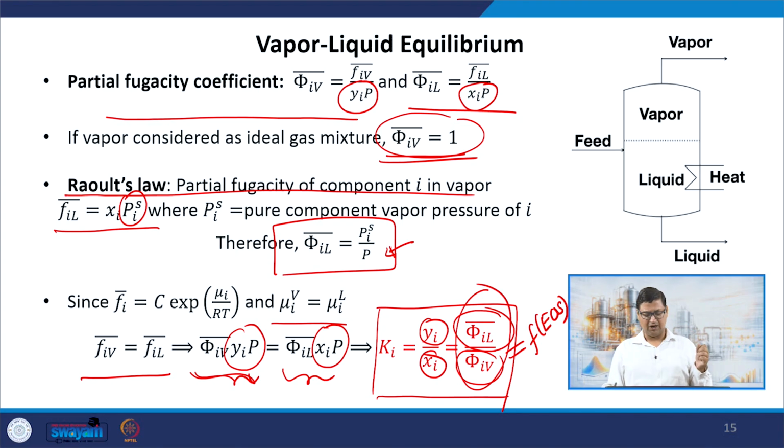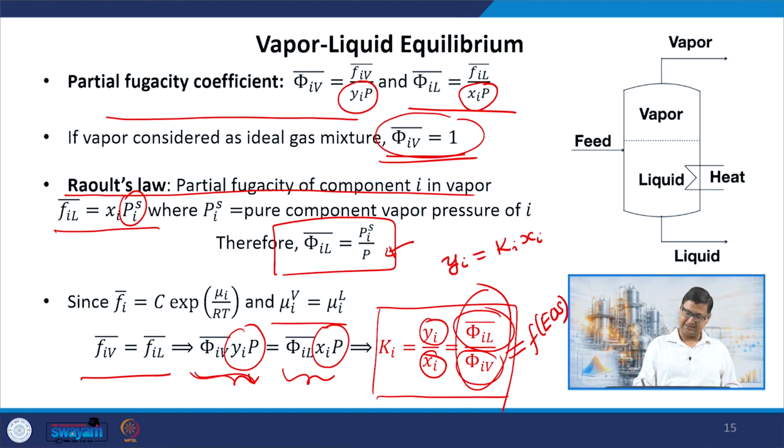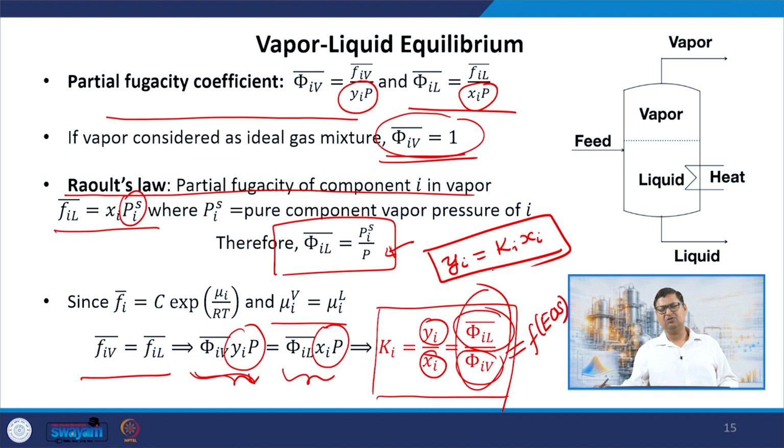So, long story short, it basically helps us write our equation in a simplified notation as something like this, where this Ki, which we can call the K value, will have to come from thermodynamics.